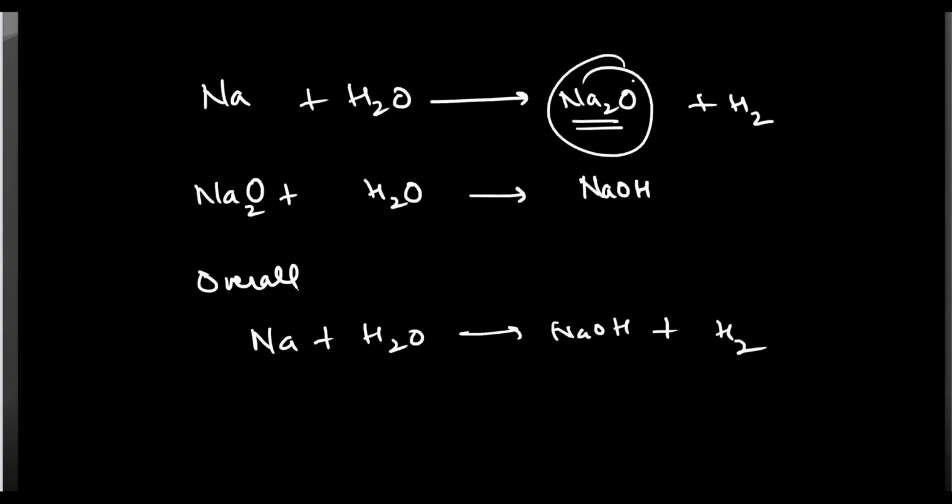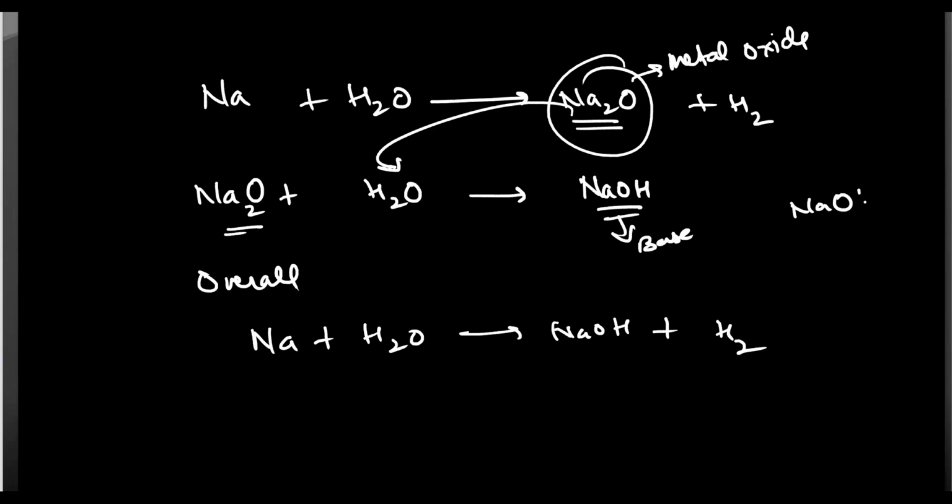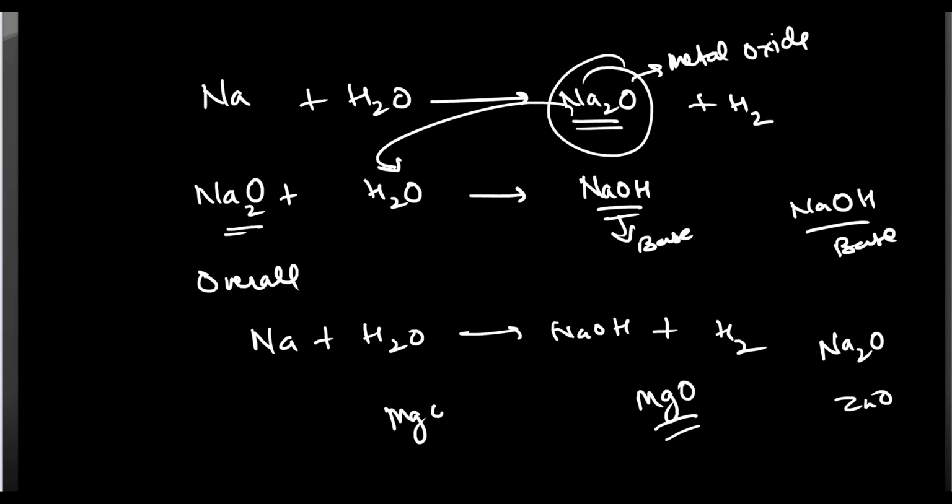So here you know this is a metal oxide, and when Na2O dissolves in water, it forms a base. So NaOH is a base. Keep in mind that Na2O, ZnO, MgO, these are all basic in nature because they form Mg(OH)2 and calcium hydroxide when they react with water.